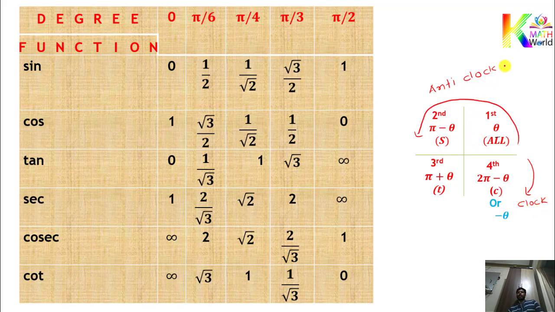In the anti-clockwise direction, the angle should be positive. In the clockwise direction, the angle should be negative. So here you can also denote it by minus theta.